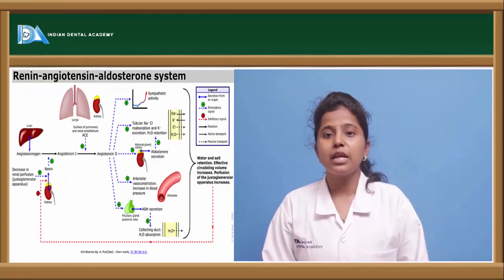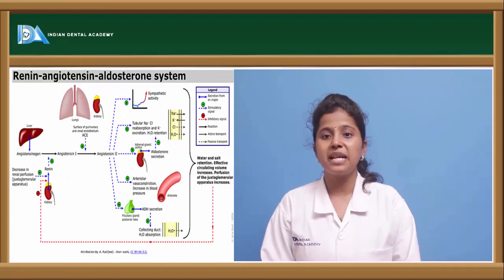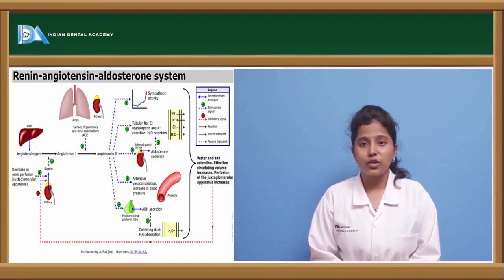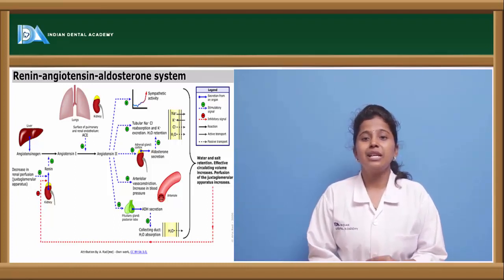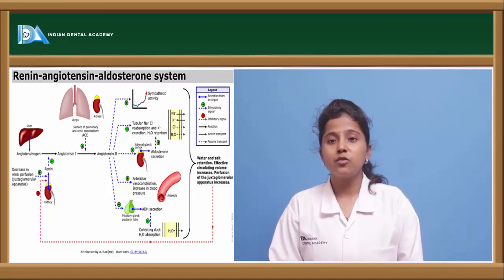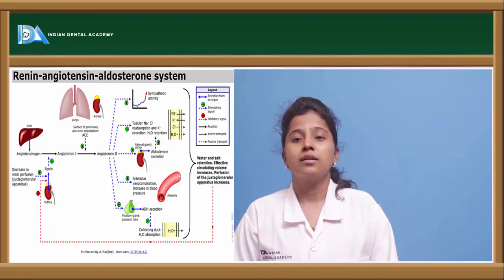Renin-angiotensin system. It is very important to know about the renin-angiotensin system because renin plays a major role in the proper functioning of the kidney, and renin is released by the kidney. Angiotensinogen is a substance which is released from the liver.